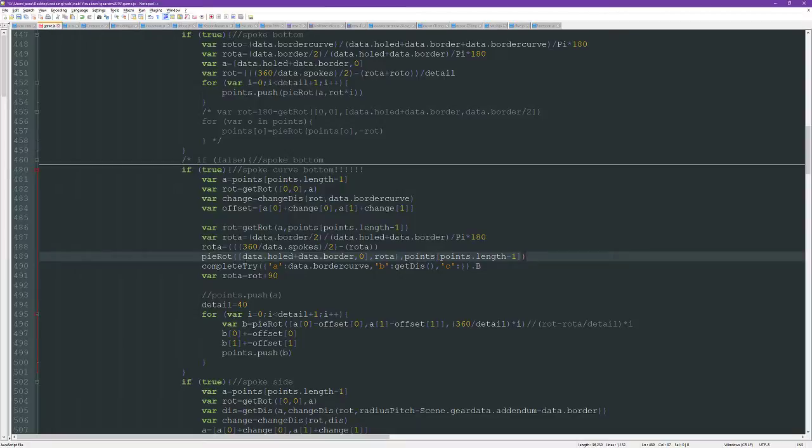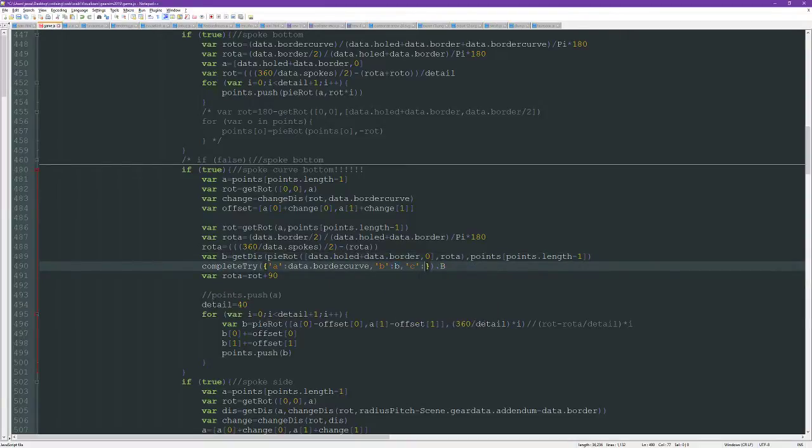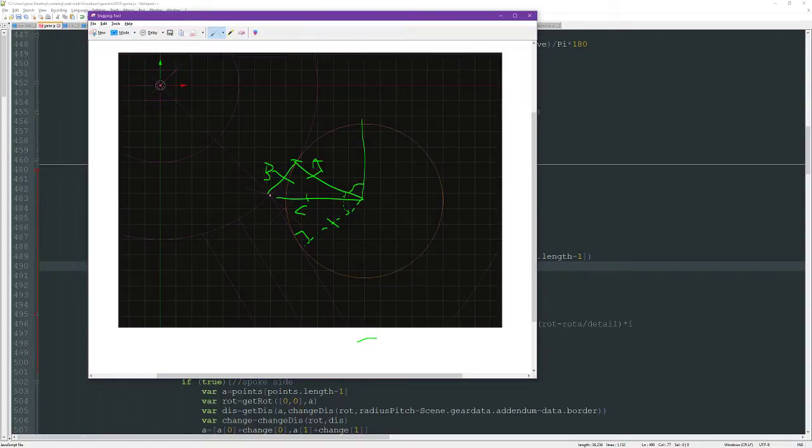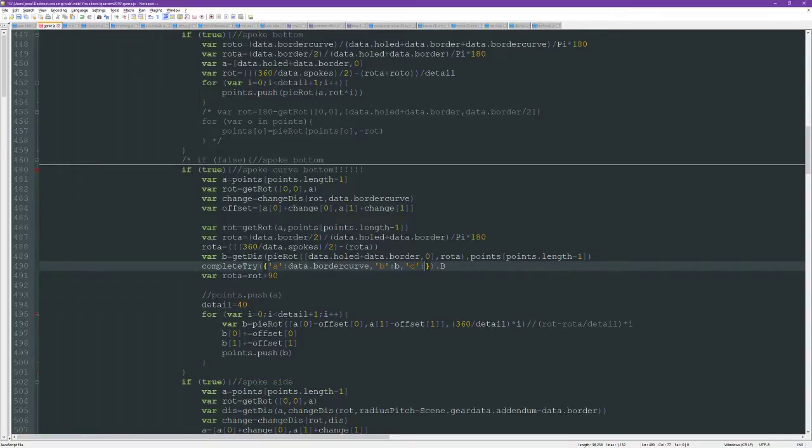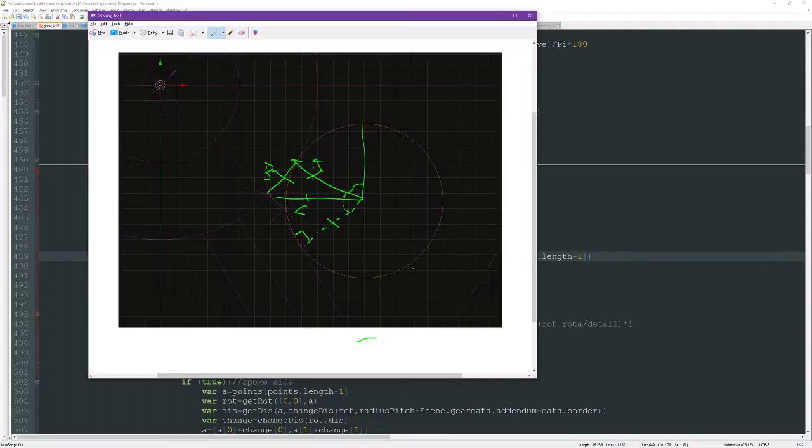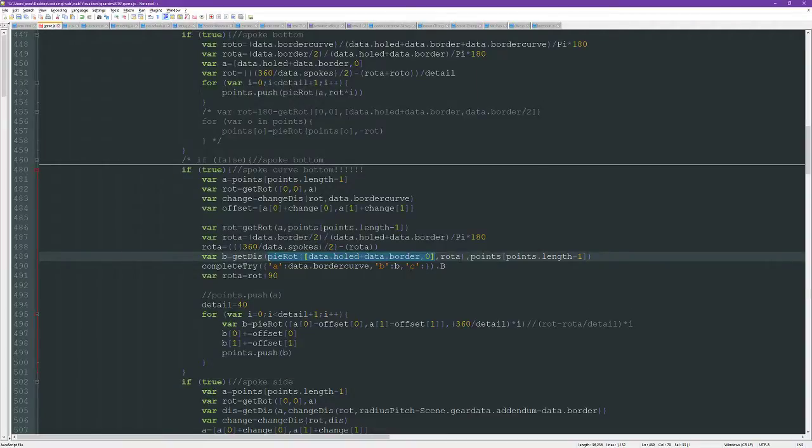So from there to there. We'll get that distance. Sure. That's what B is. And then C is that point to the center. We'll save that out of something.